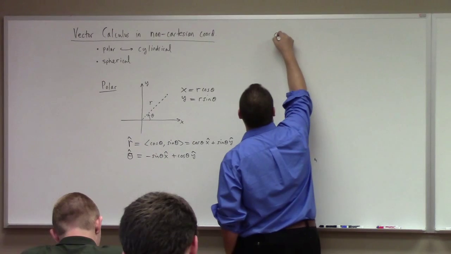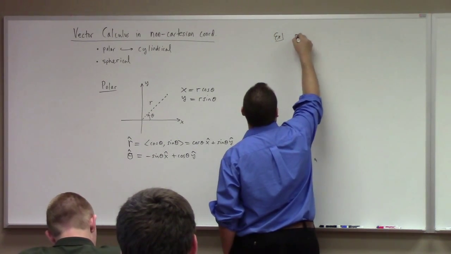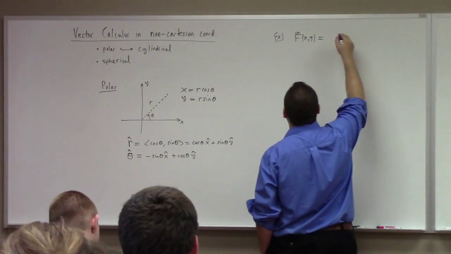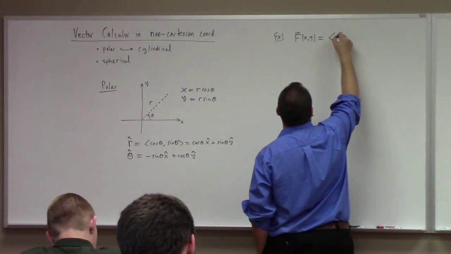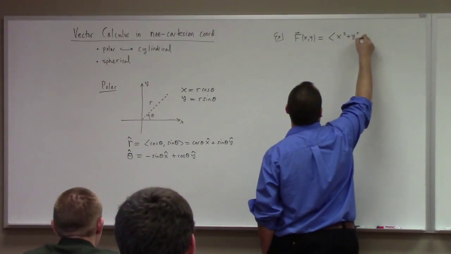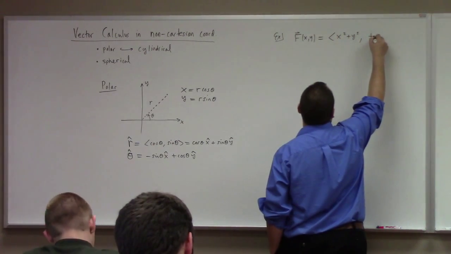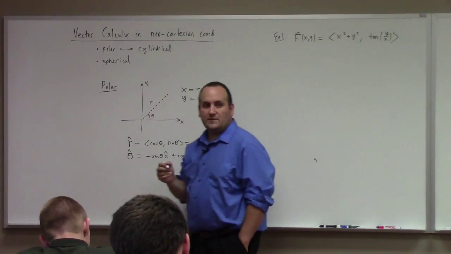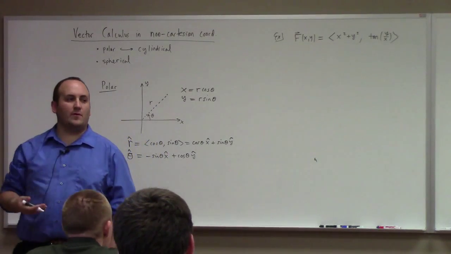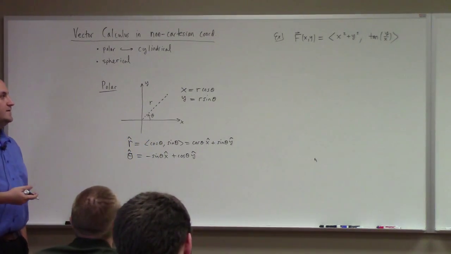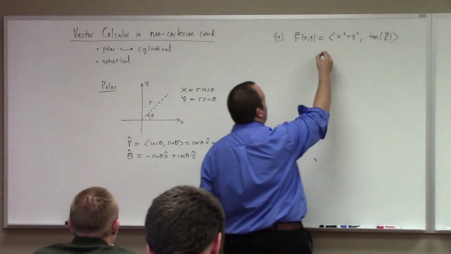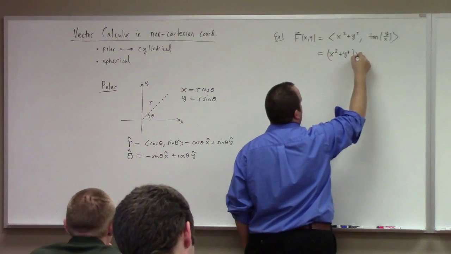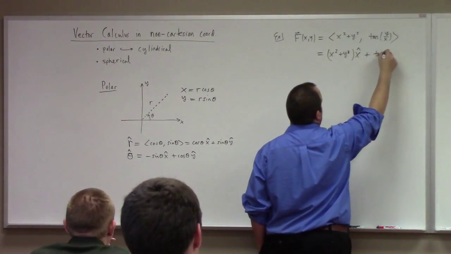So as a typical example, if I have a vector field, say f of x, y equal to x squared plus y squared, and then I'll make this really easy on myself, tangent of y over x, how would you convert that? How would you write that in polar coordinates is really my question. So by default here, what we mean, of course, is x squared plus y squared x hat, plus tangent of y over x.